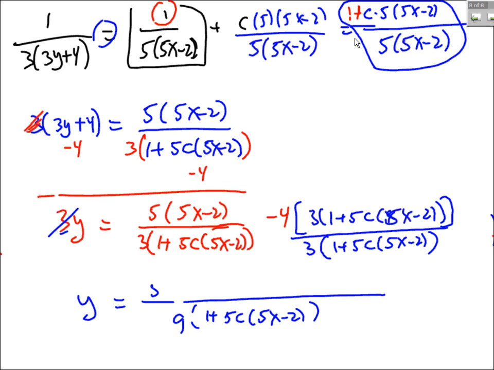And the top is just what it is: 5 times 5x minus 2 minus, and I can multiply the 4 and the 3 to make 12, 12 times 1 plus 5c times 5x minus 2. And that is what y equals. A lot of algebra, but like always, doable.